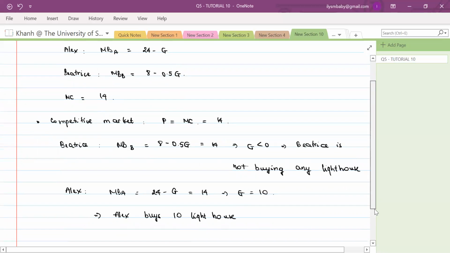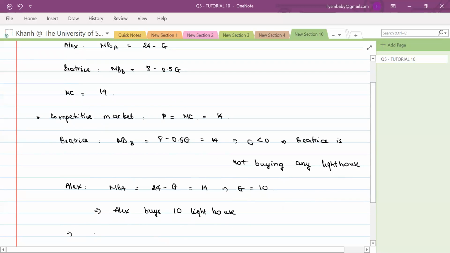The total number of lighthouses provided in the market is 10 that Alex demands and 0 from Beatrice. Therefore the total G that is going to be supplied in a competitive market is equal to 10.